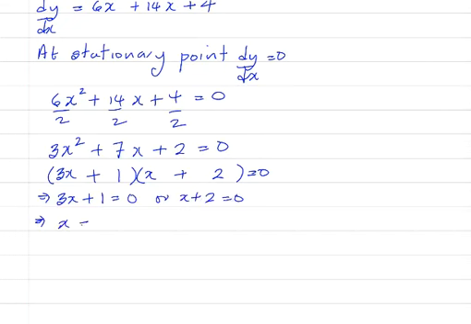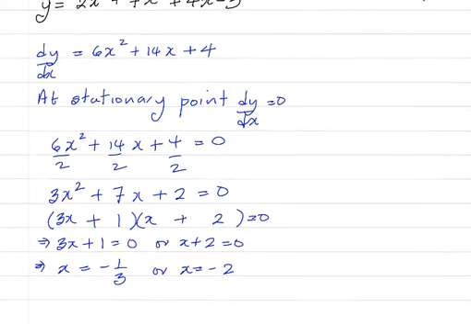Therefore x is equal to minus 1/3, or x is equal to minus 2, are the values of x at the turning point. I know the value of x, but I need to know the value of y in order to get the full turning point.